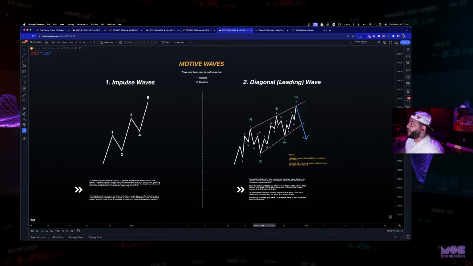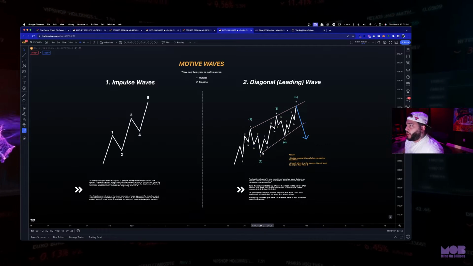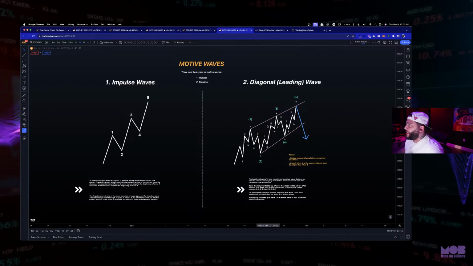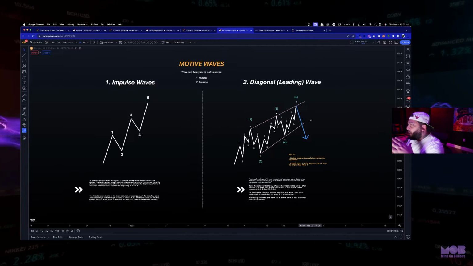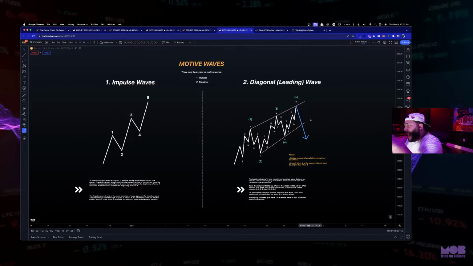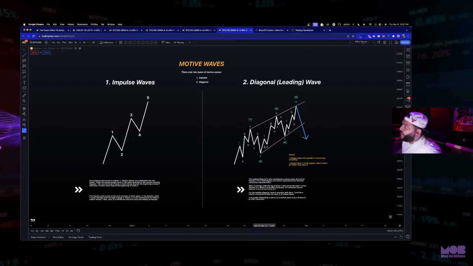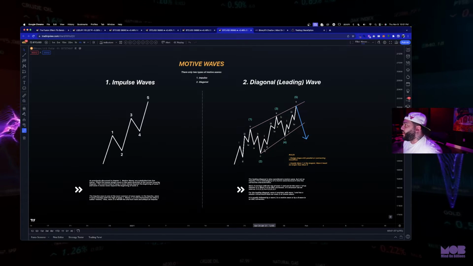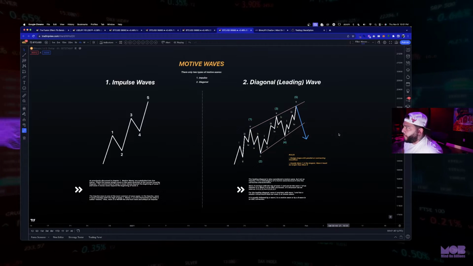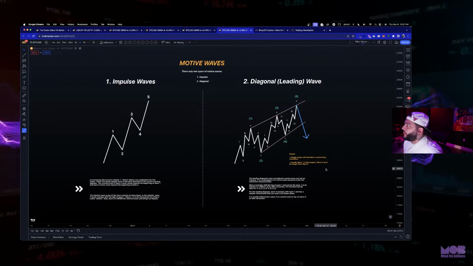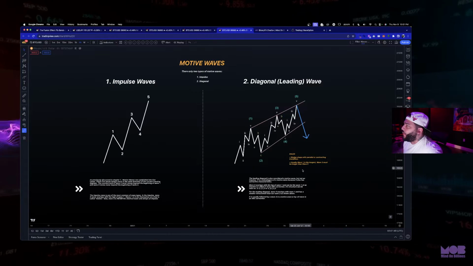It's basically following its own direction, but eventually it's going to start to create that flag pattern, that wedge. It's just like all the other triangular patterns. Usually it takes about 5 touches before it breaks out. Usually wave 1 is the longest, and wave 3 must be longer than wave 5.